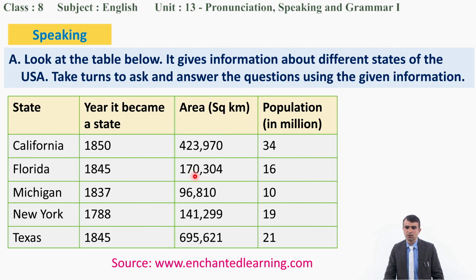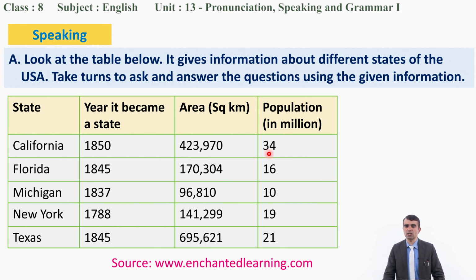Similarly, area, square kilometer: 4,23,970, 1,70,304, 96,810, 1,41,299, 6,95,621.